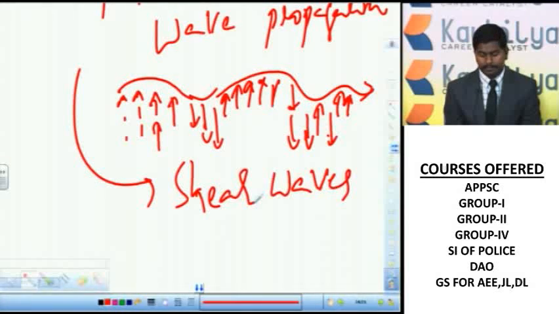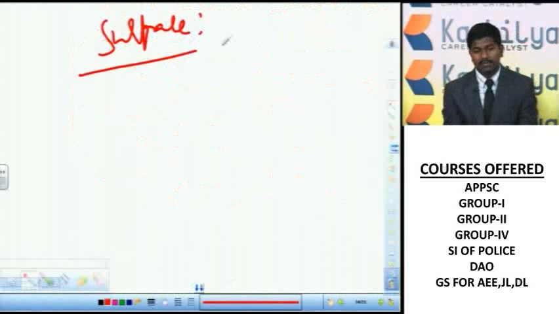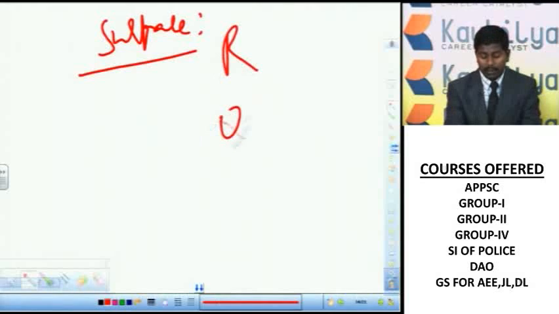Okay, then coming to the surface waves, I told you the surface waves are of two types again. These surface waves originate from the epicenter and travel to the nearest seismograph station. Now these surface waves are R waves and Q or L waves.